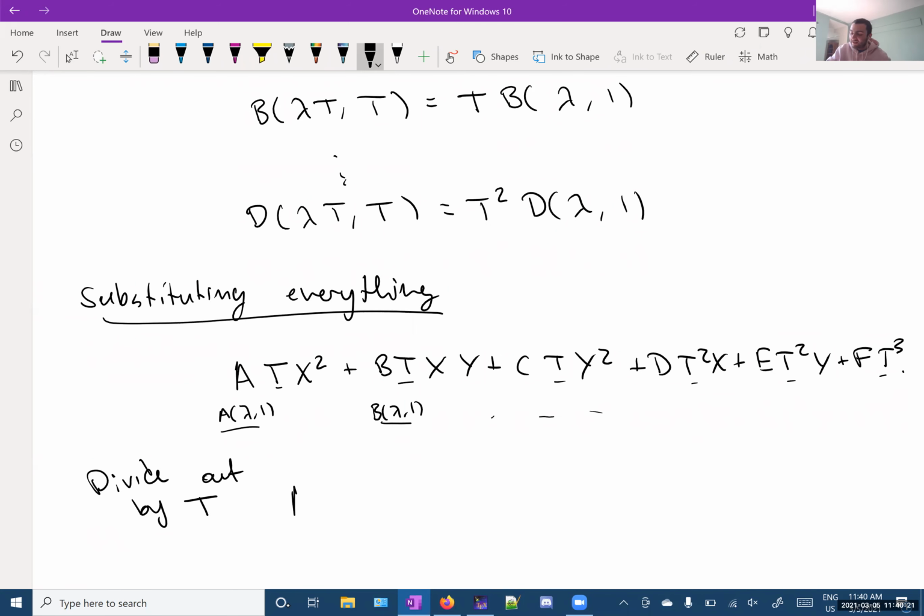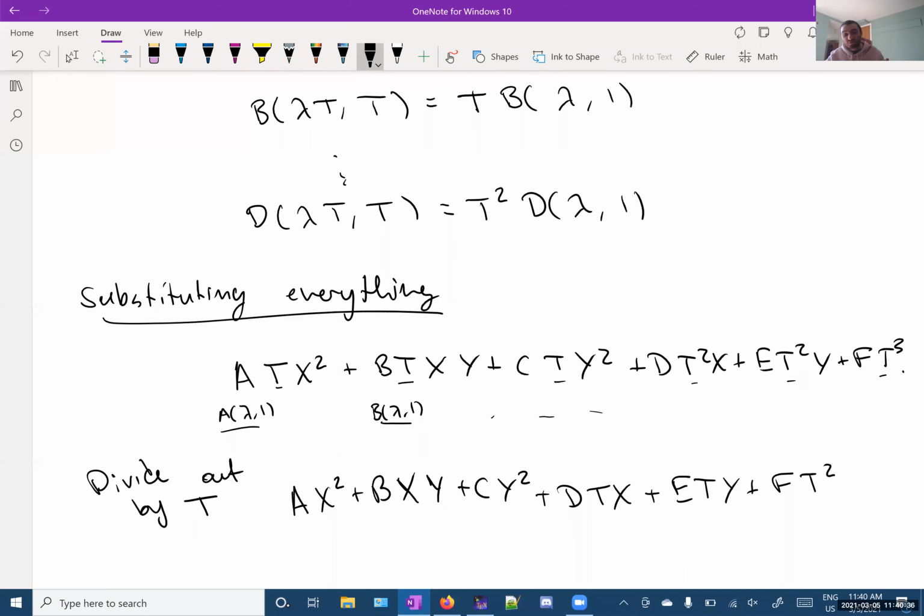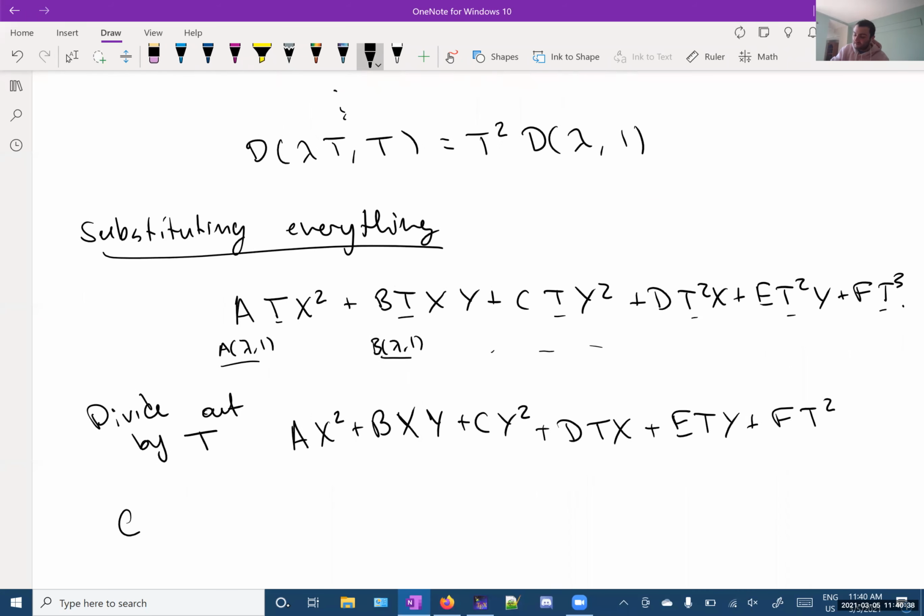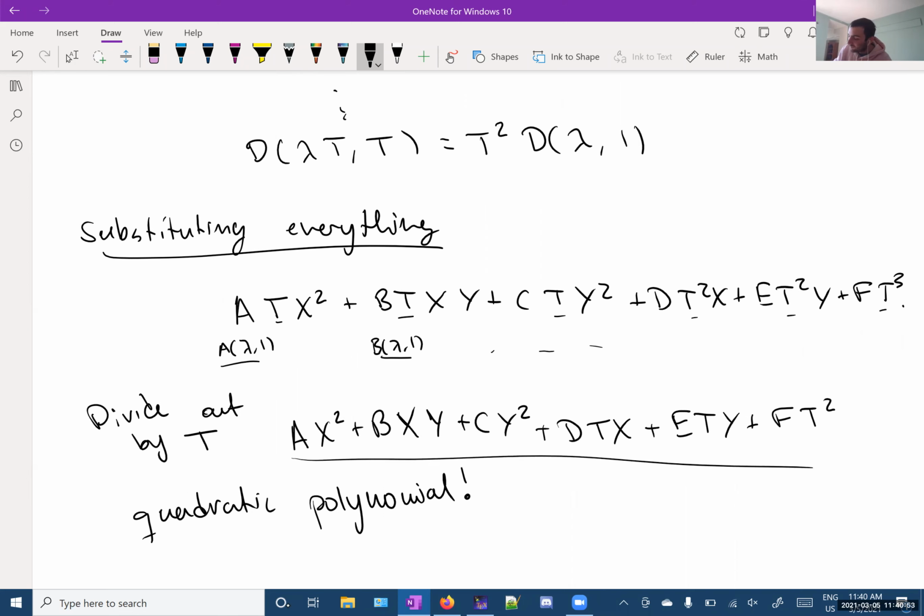So when we divide out by t, we get A x squared plus B xy plus C y squared plus D t x plus E t y plus F t squared. This is a quadratic polynomial, and this is the equation for our conic. If we set this equal to 0, we will get the rest of the intersection, which is exactly the conic.